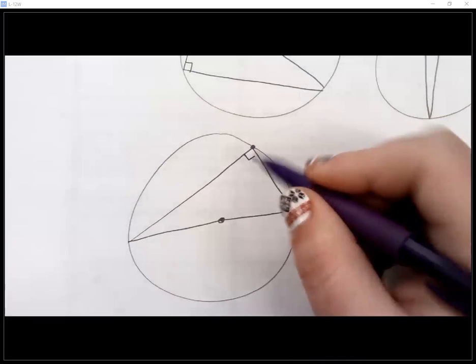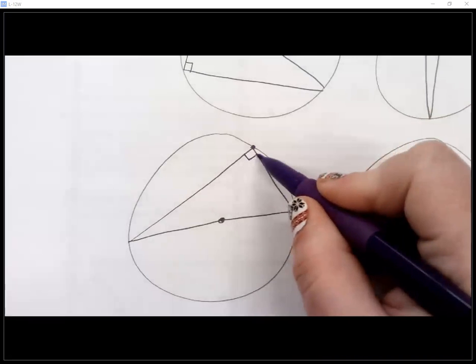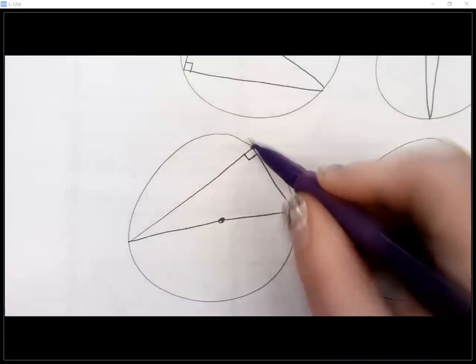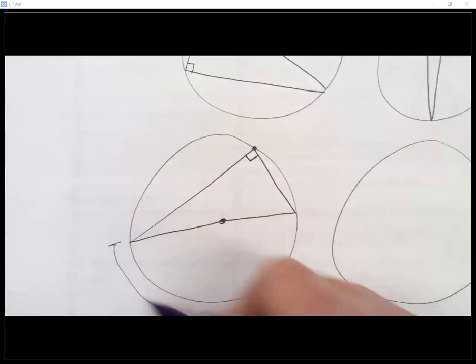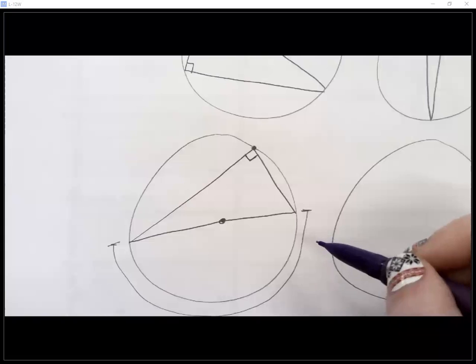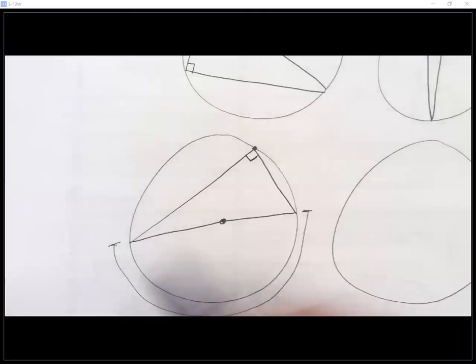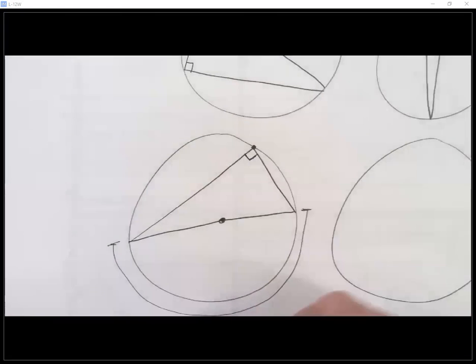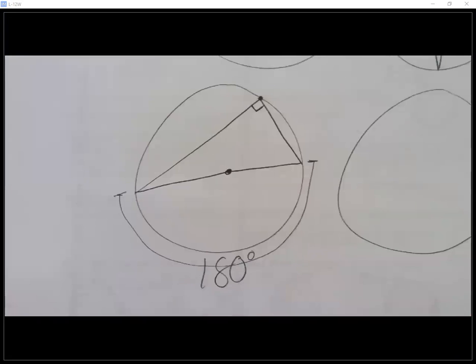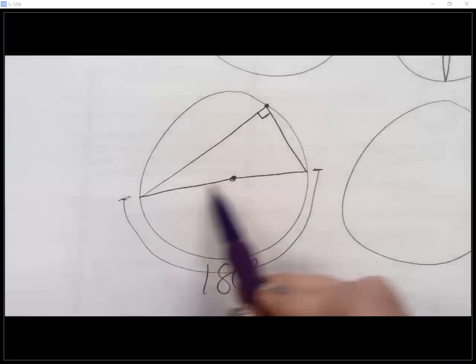Isn't that an inscribed angle right there where I put that 90-degree angle mark? Right, you with me? So what must the measure of this arc be? If that's 90, what's this arc have to be? Gotta be 180. So you're guaranteed that that will always be a diameter.